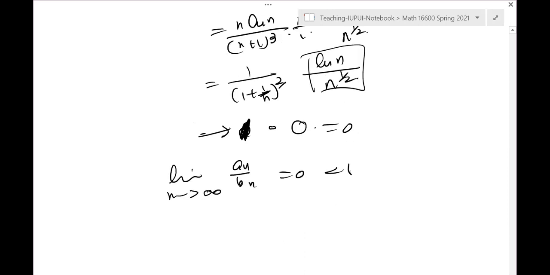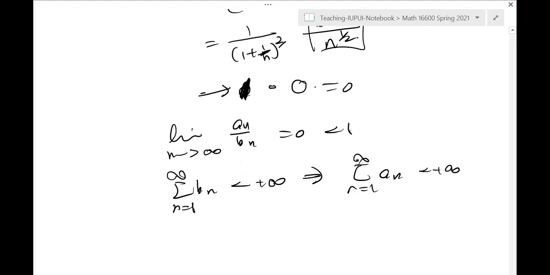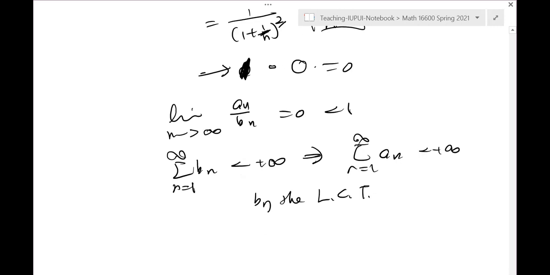So that means if the sum of Bn is convergent, then the sum of an is convergent, by the limit comparison test. Okay, there's a one, the limit is less than 1. It can be 0.